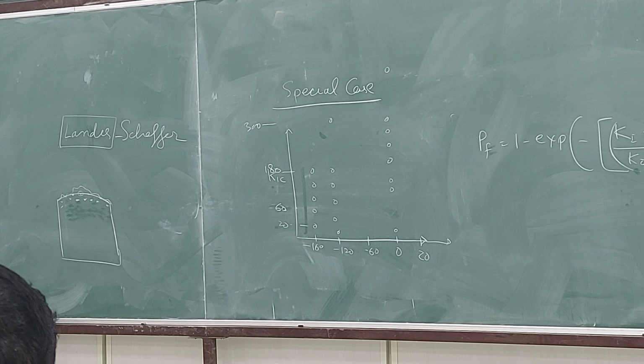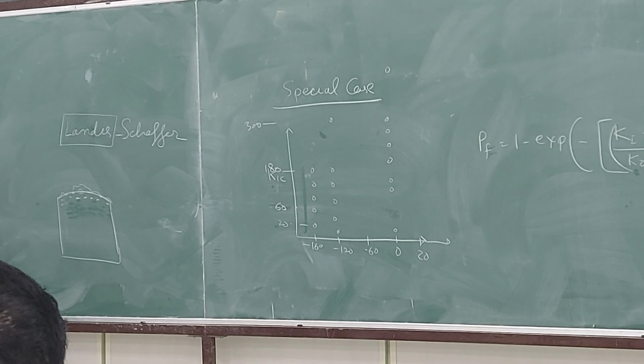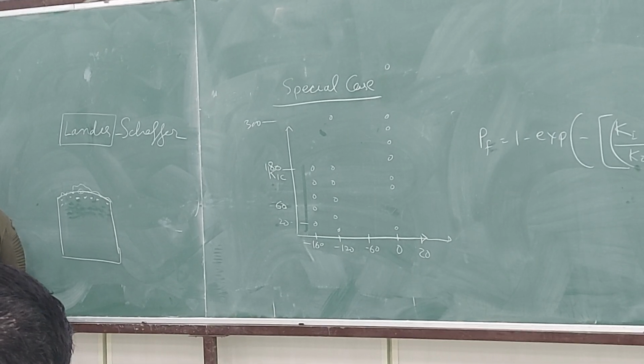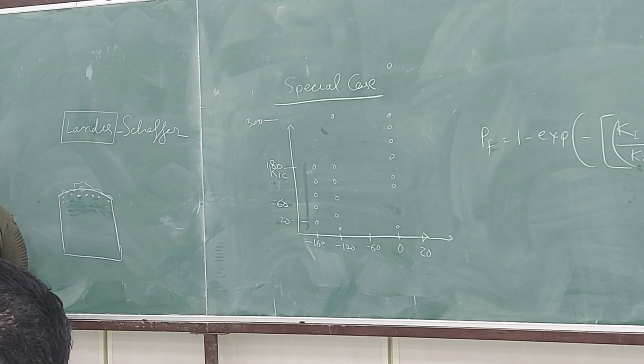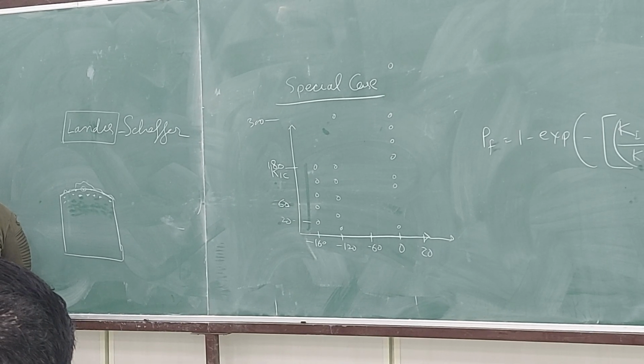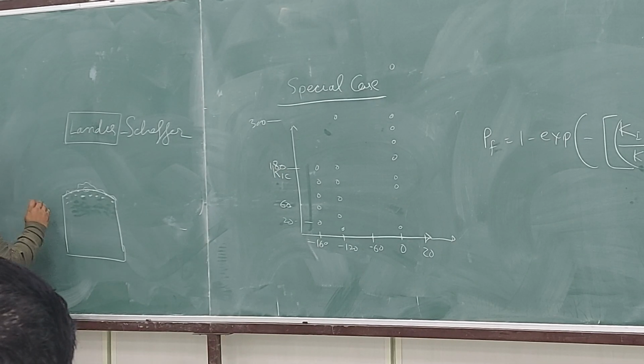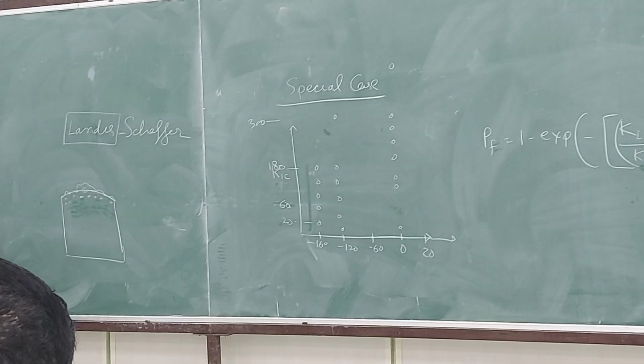Some of the particles will have a tendency to turn into voids, some will have a tendency to turn into micro cracks, depending on the ductility of the matrix material. So let us say that all of them can change to micro cracks.